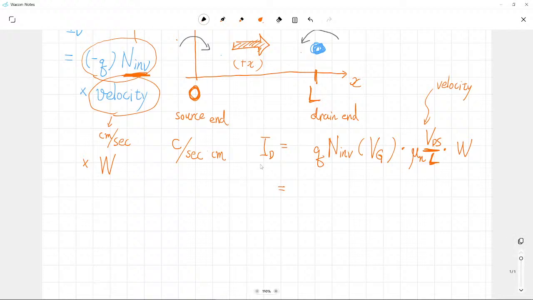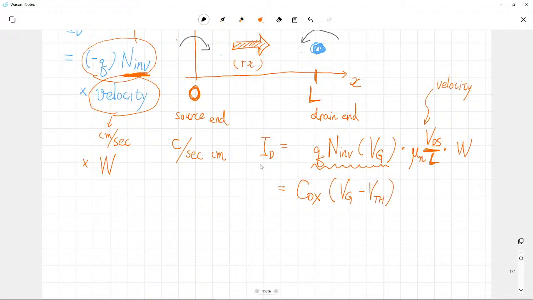Now I'm asking you, how can you calculate Q inversion? We have studied that expression. The collected charge just beneath the channel was simply given by what? Cox times Vg minus Vth.